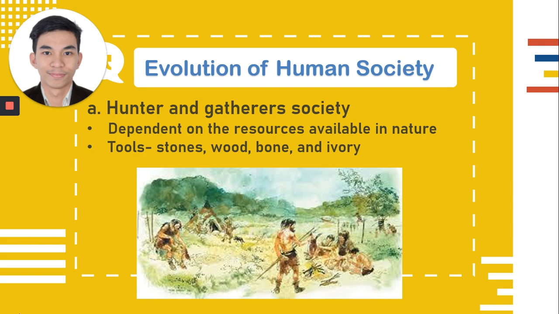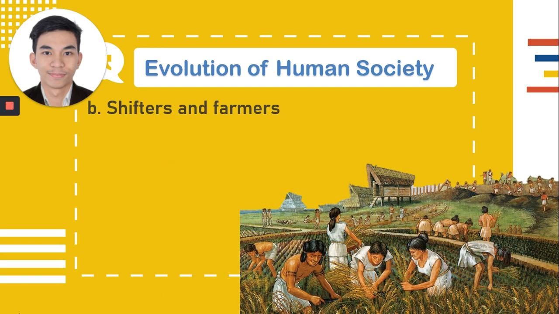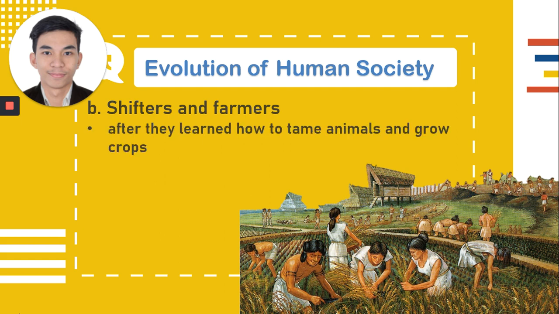And then, after that, people became shifters and farmers after they learned how to tame animals and grow crops. As they domesticated the animals, they became shifters and farmers. And this marked the beginning of the agricultural society.